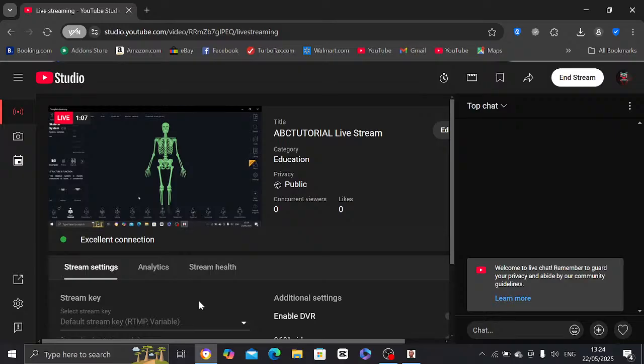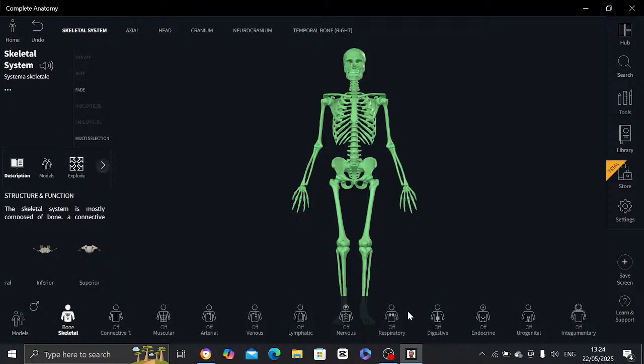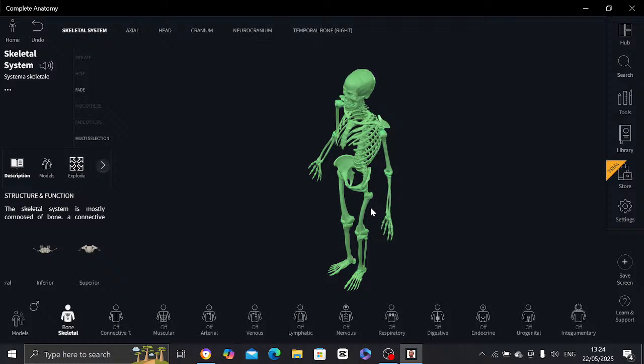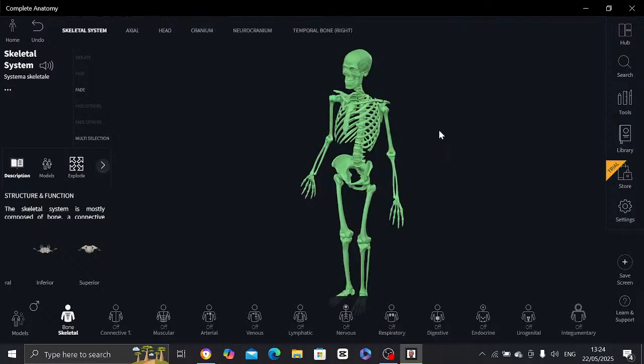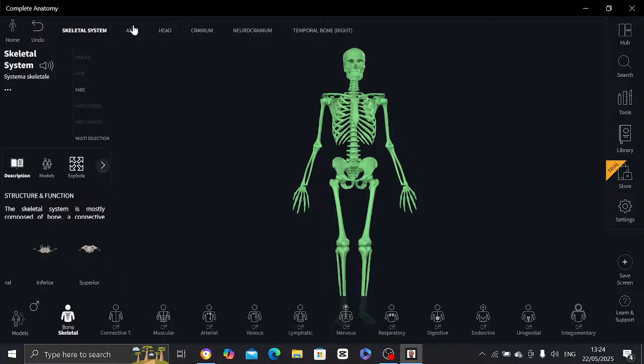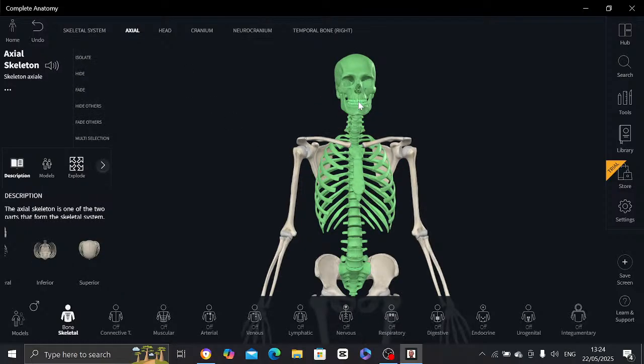I will be using the Complete Anatomy 3D app for this live session. So basically, we can see this is a full model, everything is here. We'll talk about the skull in particular today. But generally, as we all know, the human axial skeleton, which is highlighted in green here.